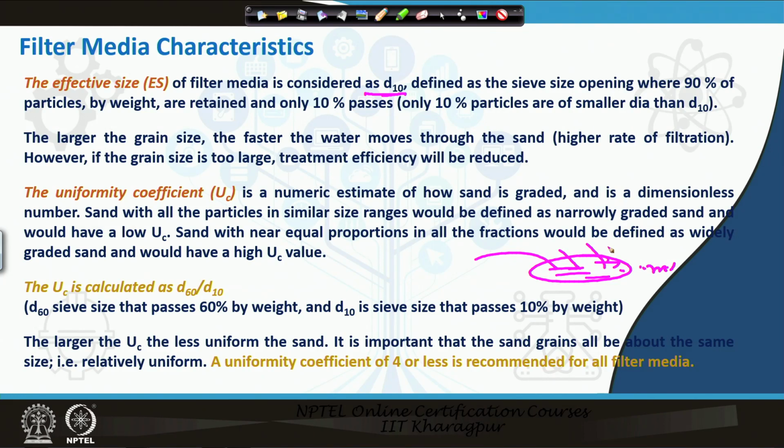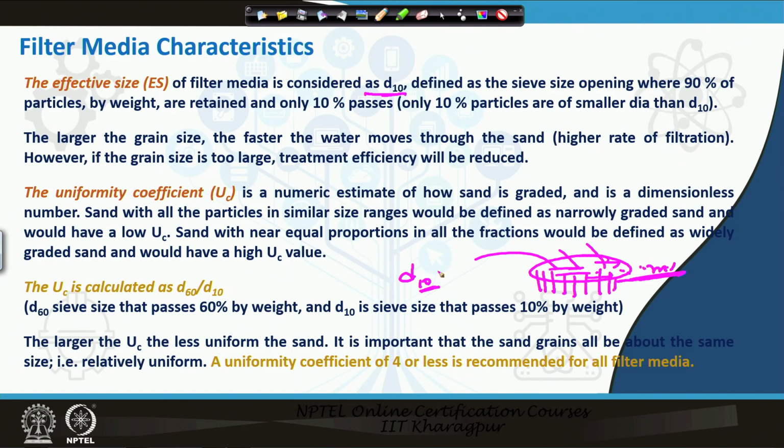If only 10% of the particles by weight are passing, the size which allows only 10% of particles to pass by weight, we call that size D10, which is the effective size or effective diameter.